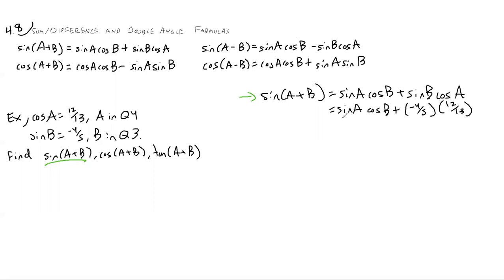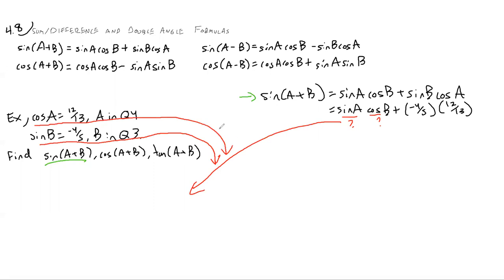And the problem now is that we haven't figured out these two. We don't know sine A or cos B, but we are provided enough information to do this. Because I know cosine and I know what quadrant it's in, I should be able to draw a triangle on the xy plane and figure out the third side of that triangle, which will give me all the other ratios.